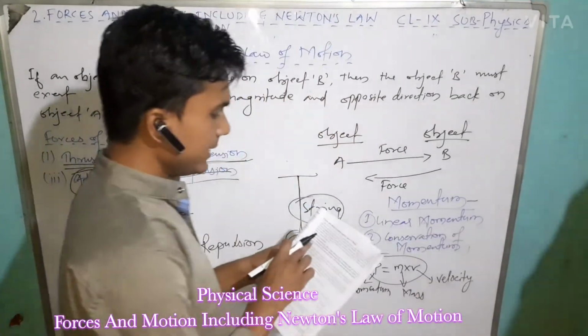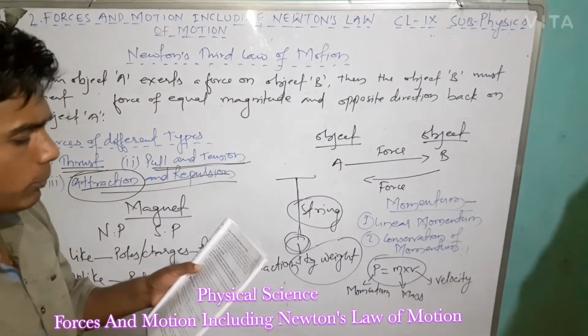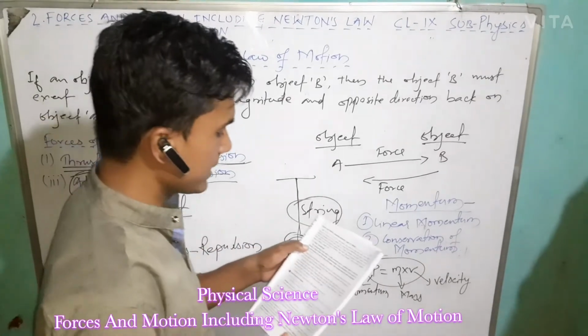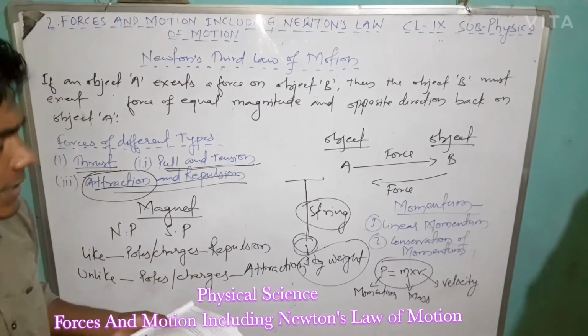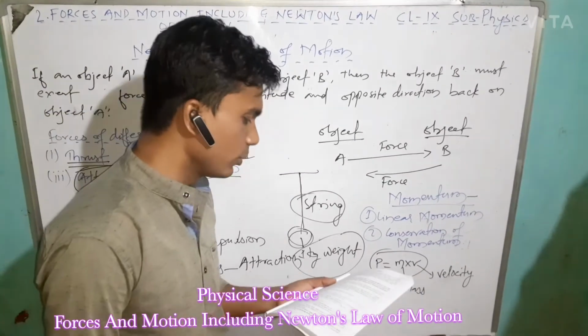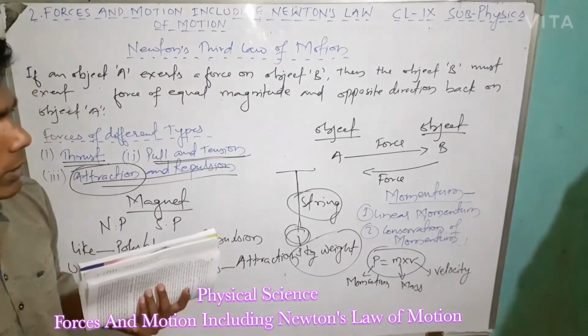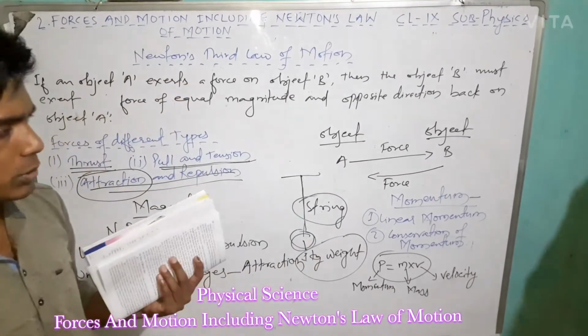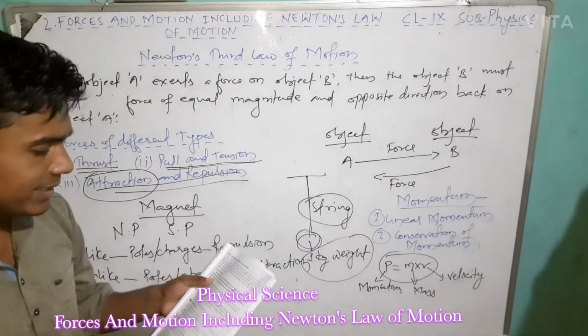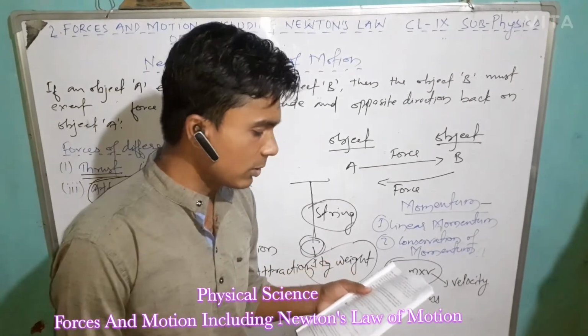That is, the instantaneous force which a body possesses due to the combined effect of mass and velocity is called linear momentum. Linear momentum means what? The instantaneous force which a body possesses, or the body which exerts force or gets force, due to the combined effect of mass and velocity.